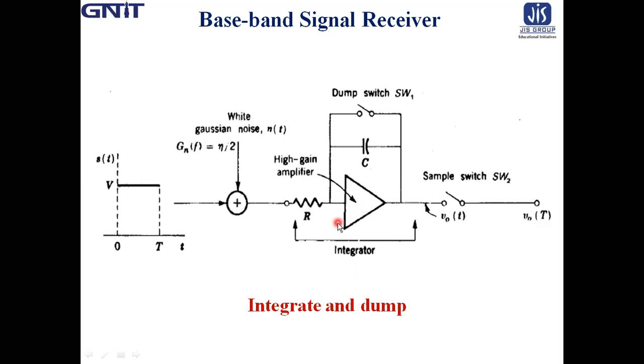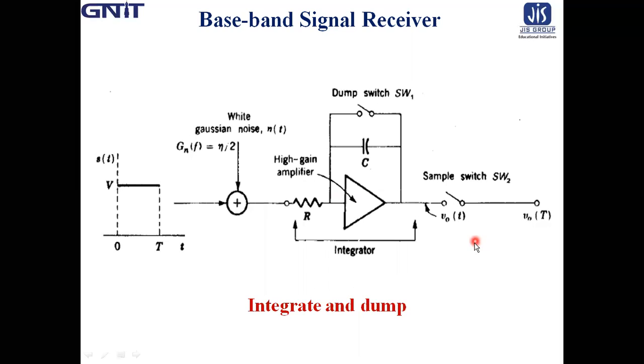The sample is taken at the output of the integrator by closing the sampling switch SW2. The sample is taken at the end of the bit interval, at t equal to, say, capital T.